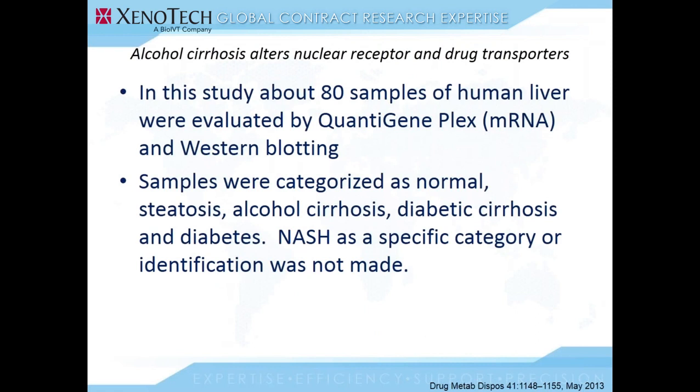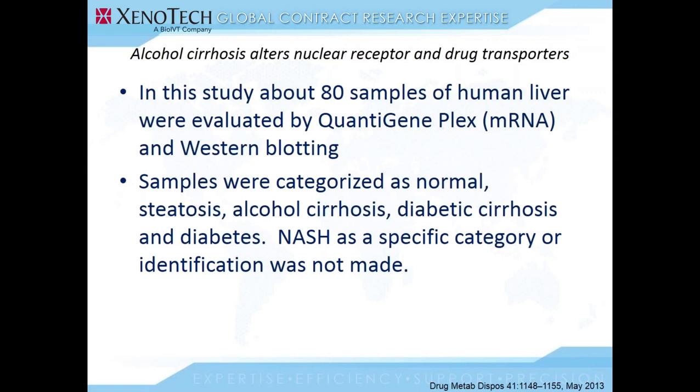There is a study on alcohol cirrhosis, alteration of nuclear receptor and drug transporters. In general, I would say that it appears that transporters are more difficult to study than well-characterized CYP enzymes. Regulation of transporters may have an additional component of cellular localization, which makes it more complex to obtain protein expression data and view it in context of other changes, for example, mRNA level.